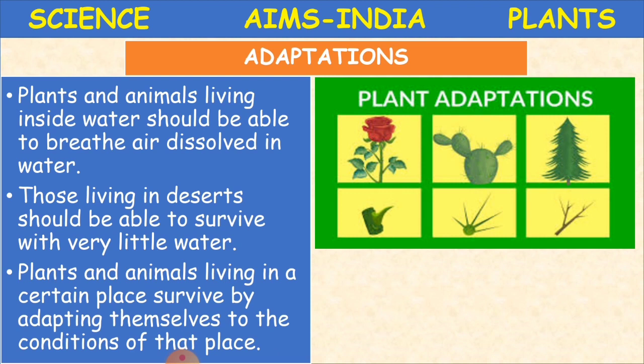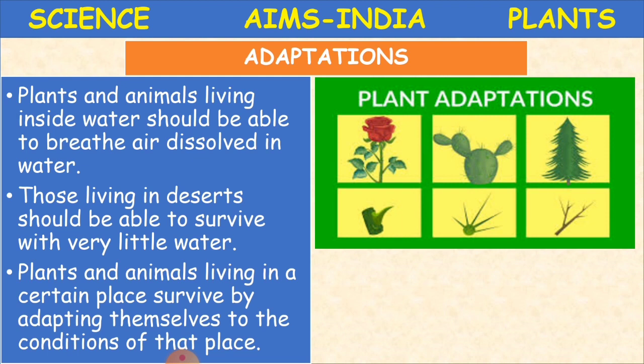As I said before, plants live in hot climate, some live in dry climate, some live in cold climate. In whichever area they are living, those plants are able to make themselves live in those particular climatic conditions, so that they can survive in that area.